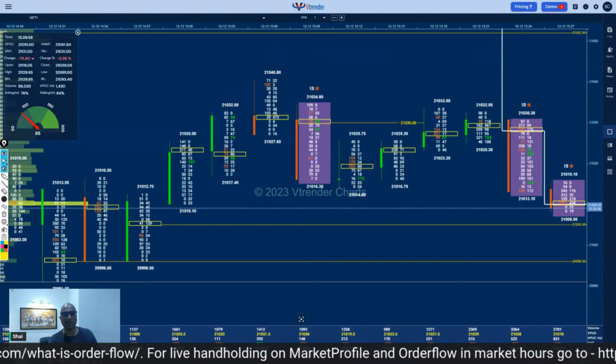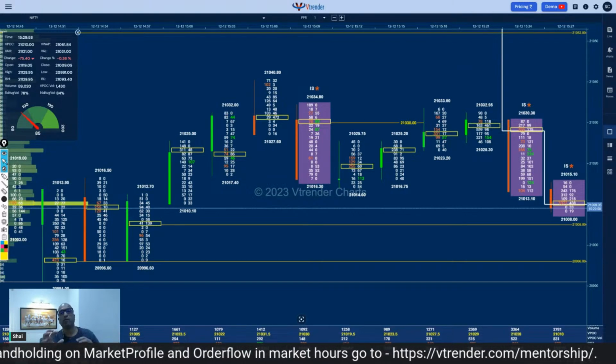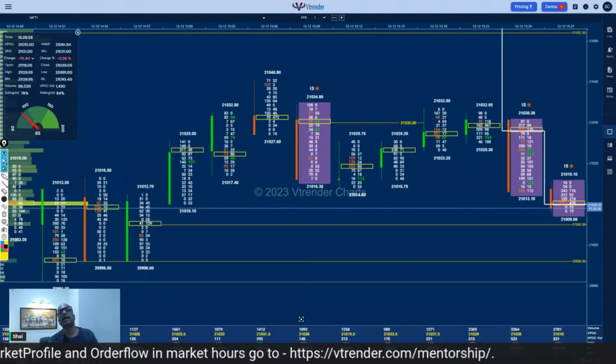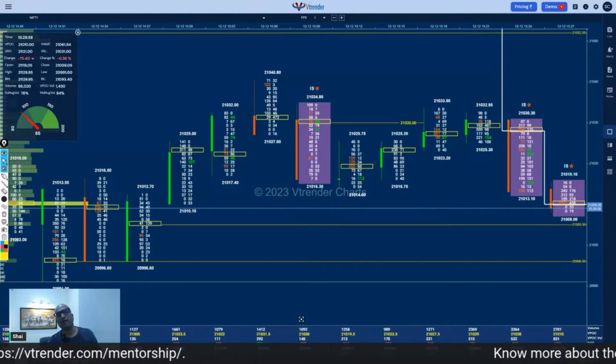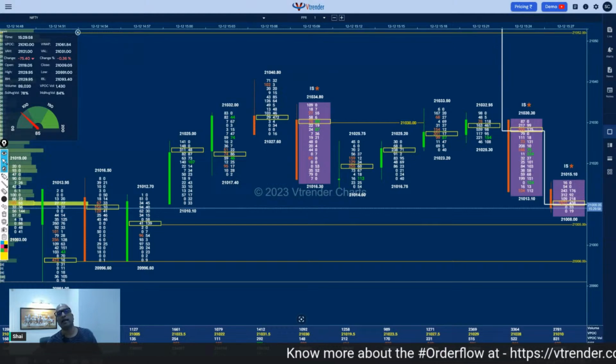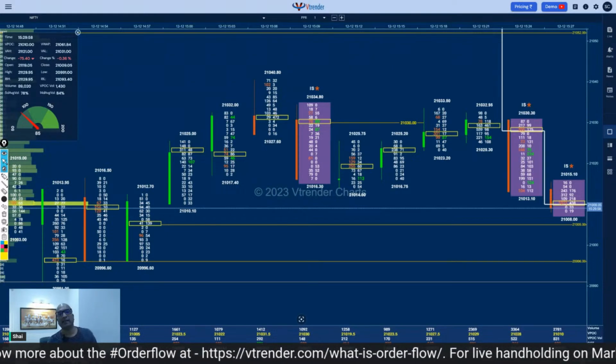In order flow, we are toggling the bar open, that is the open, high, low and close, and we are going inside the bar and trying to find out what actually is happening within the bar. And why are we doing that? Because we want to understand what is moving in that bar, what price is actually doing between the high and the low, the open and the close.